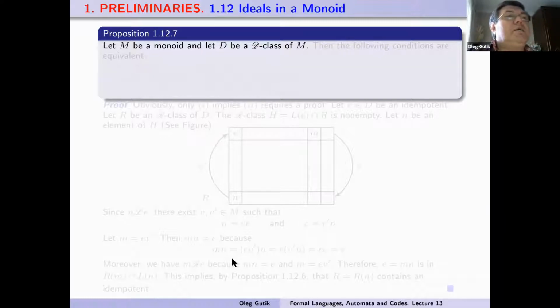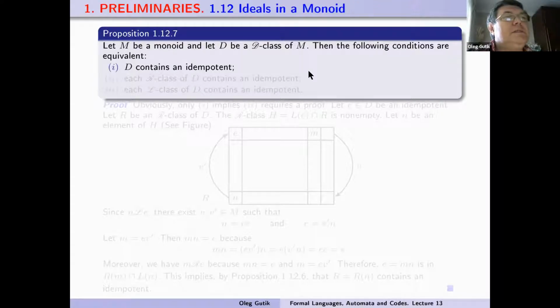Proposition 1.12.7. Let M capital be a monoid and let D be a D class of the monoid M capital. Then the following conditions are equivalent. One: D contains an idempotent. Two: each R class of D contains an idempotent. Three: each L class of D contains an idempotent.